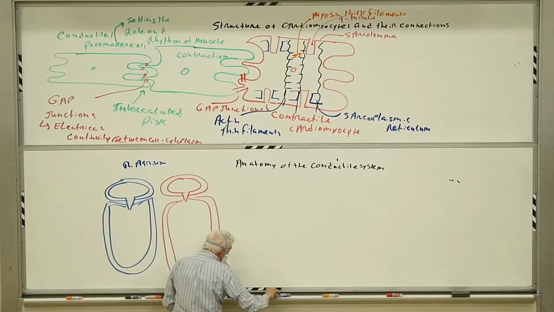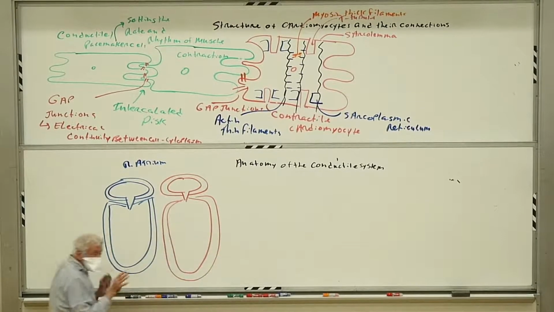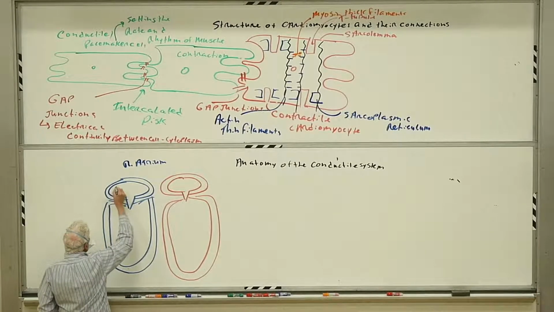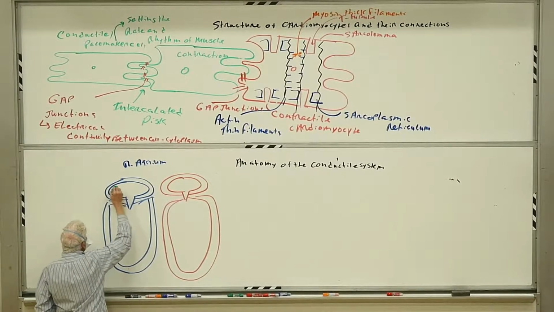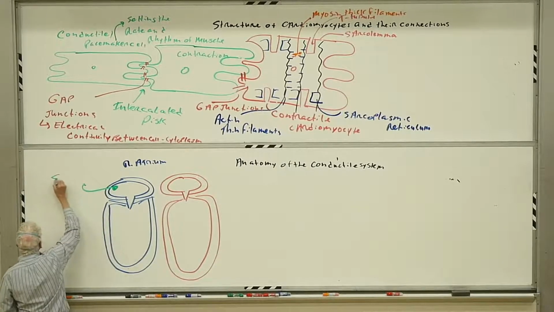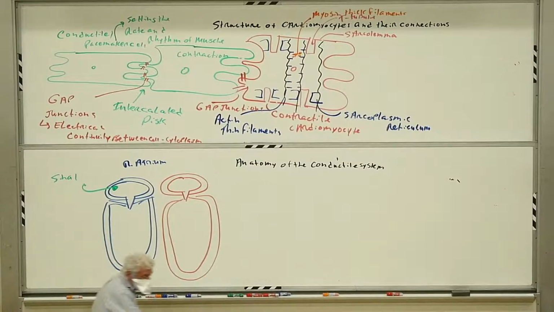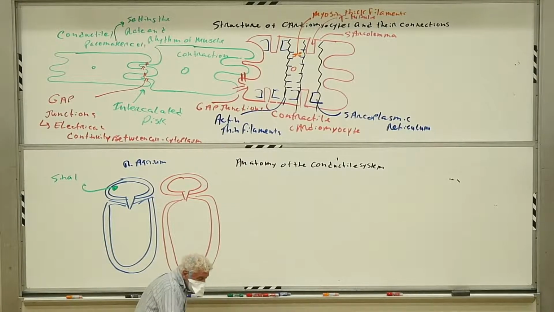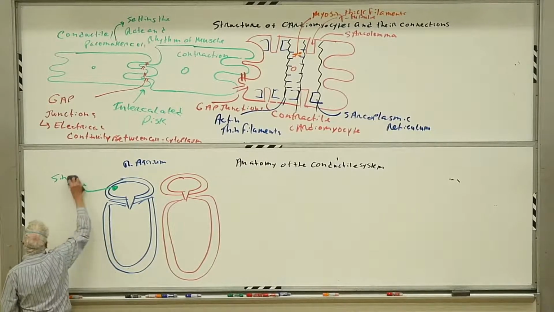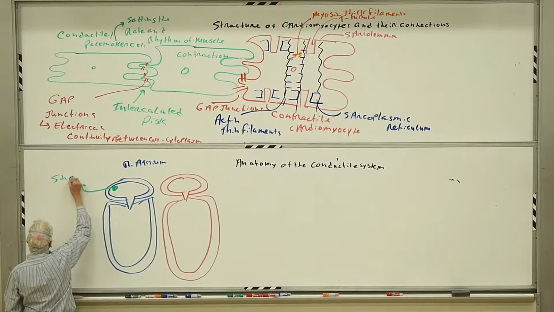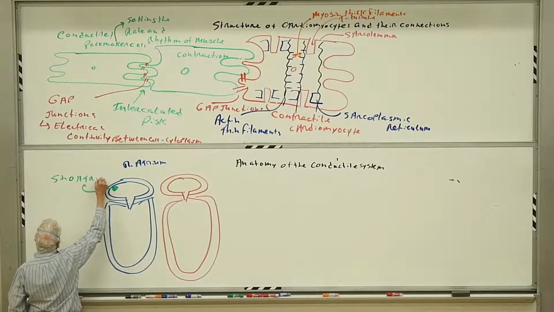And now, without going into all the great vessels, I want to superimpose the conductile system onto this. I'm going to start up here and put a big green dot, and I'm going to label this the sinoatrial node.